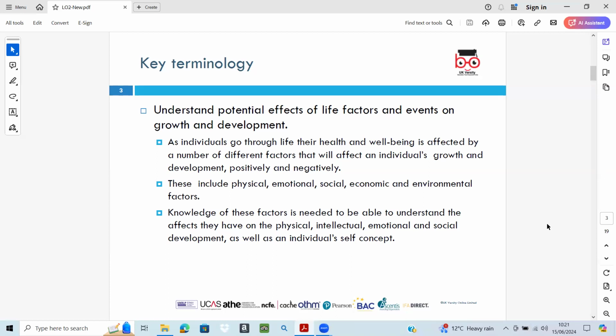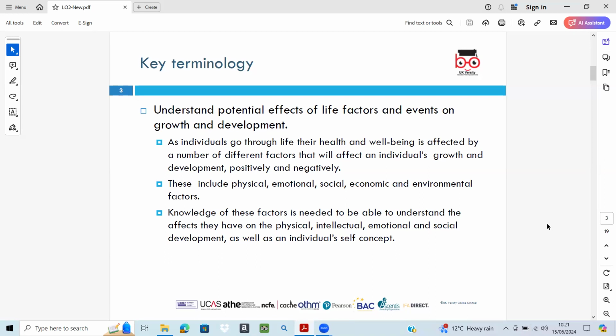So we have the life factors and physical factors, emotional factors, social factors, economic factors, and environmental factors as well.